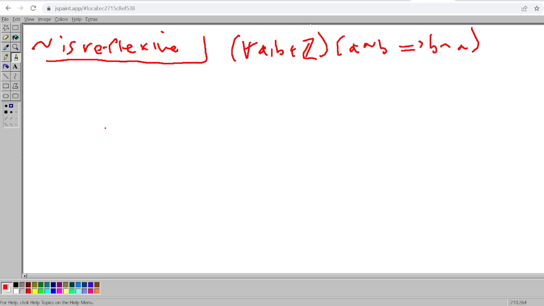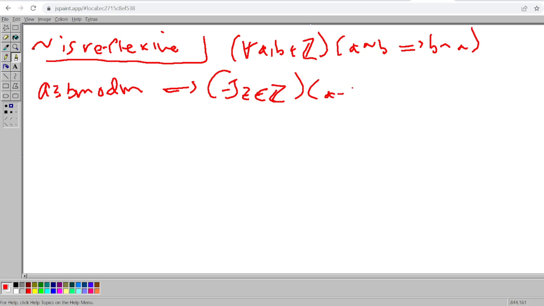So how do we do that? Given that we have a is congruent to b mod m, that again implies that there exists a z in Z such that a minus b is equal to mz.